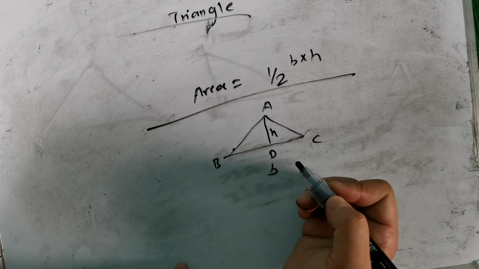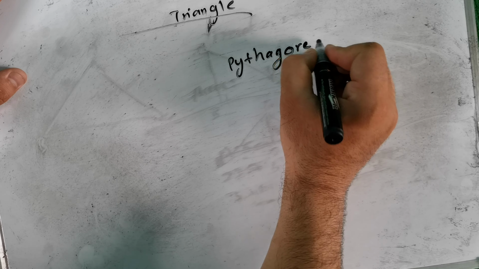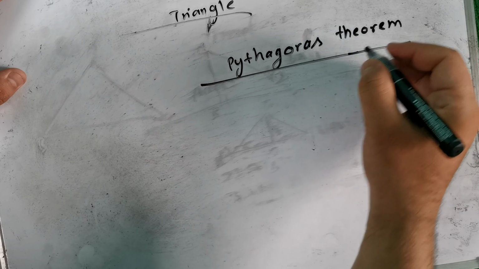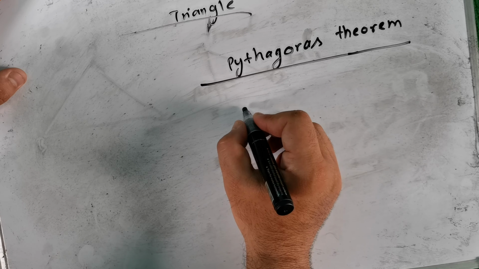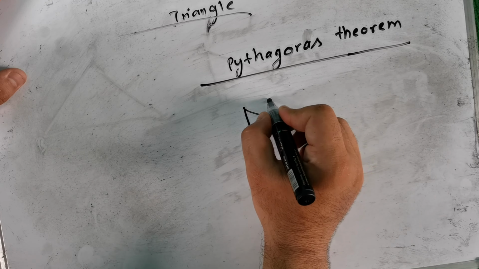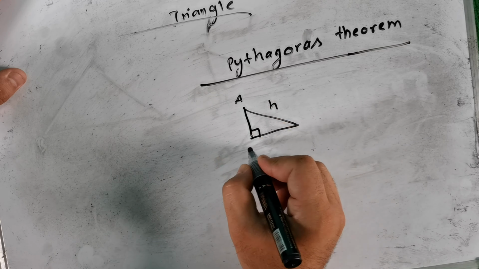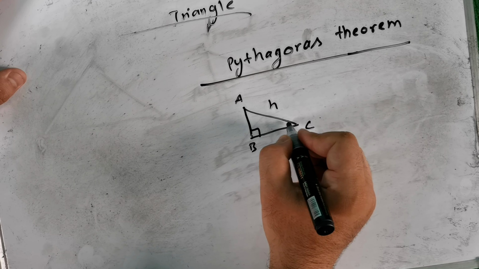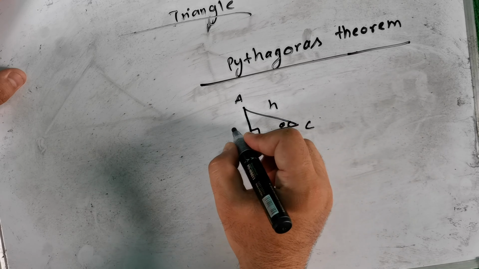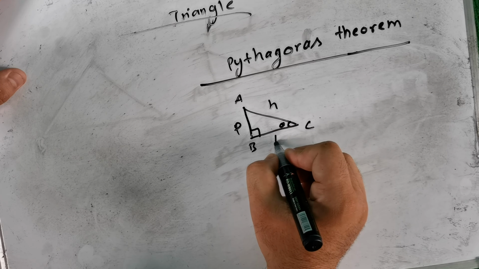Now let's talk about the Pythagoras theorem. Let us suppose this is the reference angle theta, this is P and this is the base.